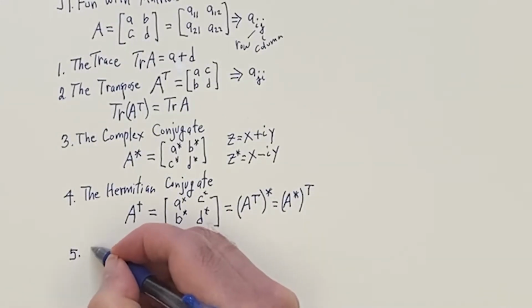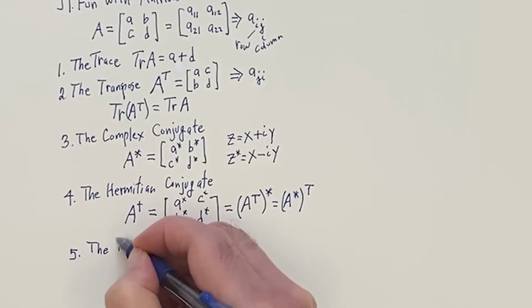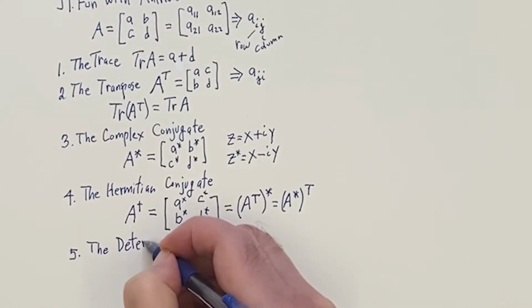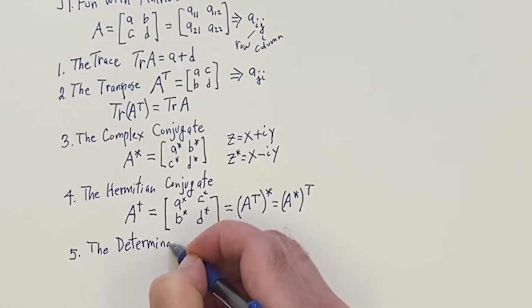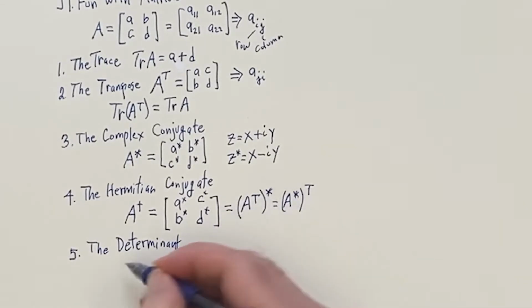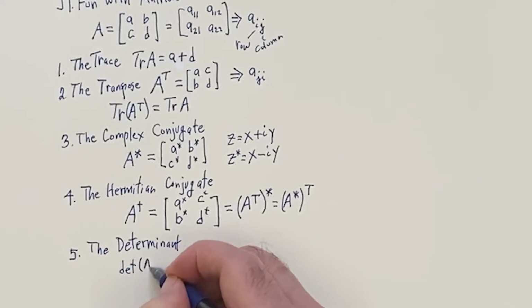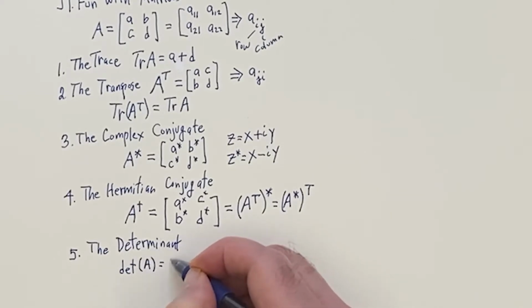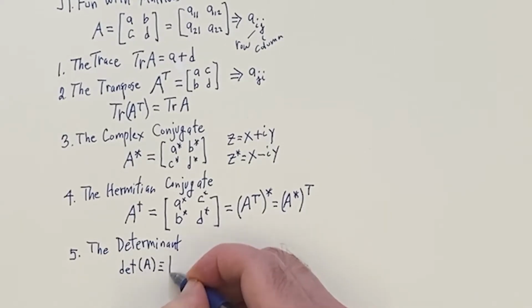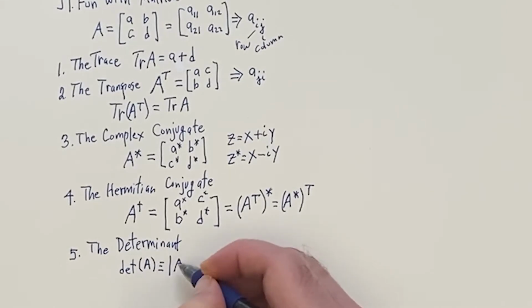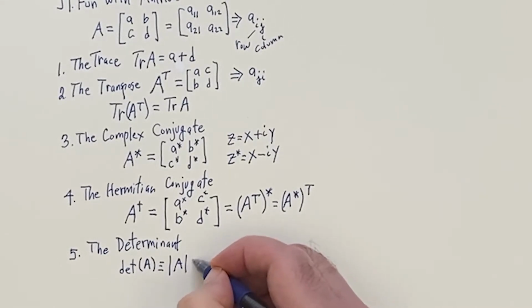5, the determinant. For the determinant, we can write det A. And sometimes, by definition, they just go ahead and put a vertical line on either side of the matrix.